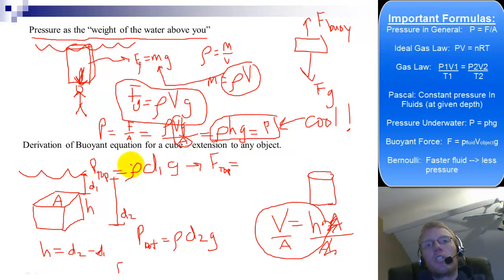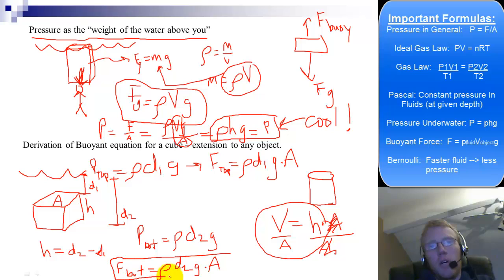So we have to take this pressure and multiply it by the area. So that's going to be pressure times, I guess I'll do it this way, d1 g times the surface area of the top, and the force on the bottom is density times the depth number 2 times gravity times the area.